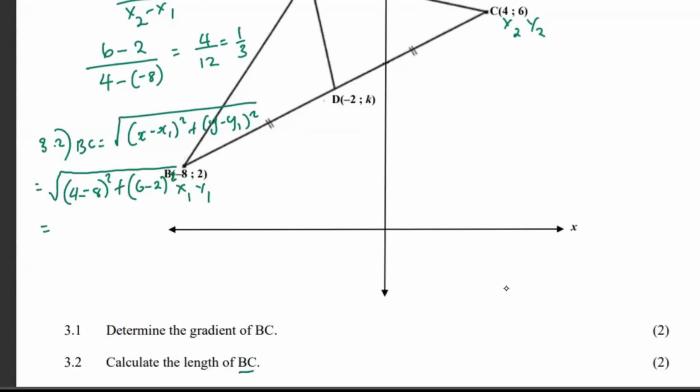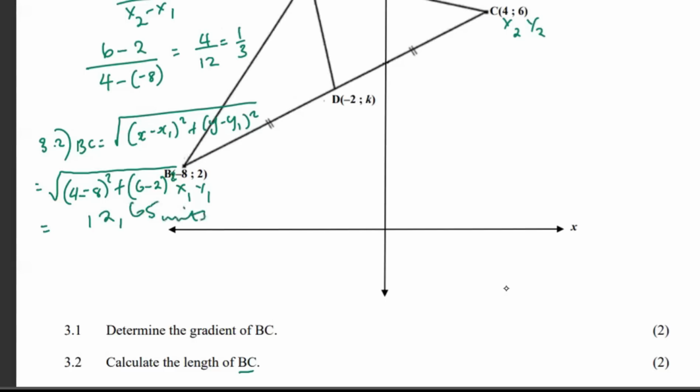Then when I punch this into the calculator, it's going to be something like, that's a 12 squared plus, that is a 16, which becomes 12 comma something. So that is 12,65 units.